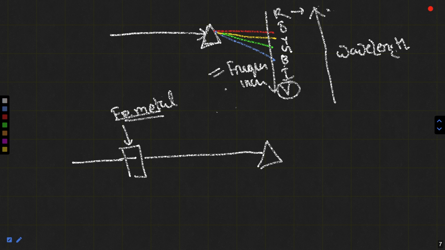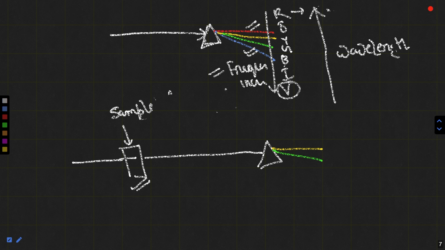Suppose in that process only yellow light and green light is left, and the rest of it is absorbed by this iron metal. So this is just an example. You can take any one here. So let us keep it as a sample rather than taking a metal. Now suppose that sample is absorbing this blue part and this red part.